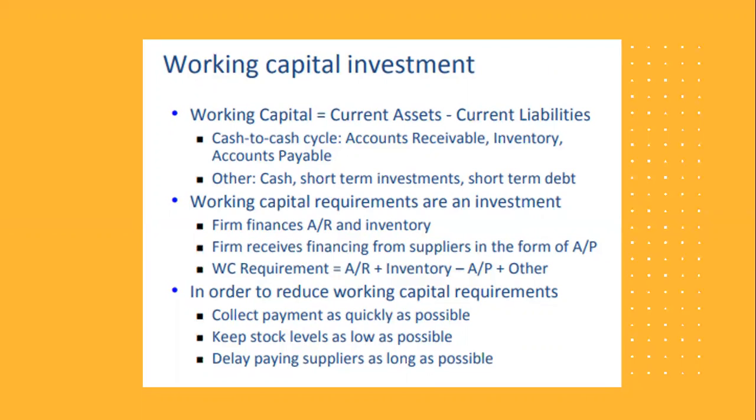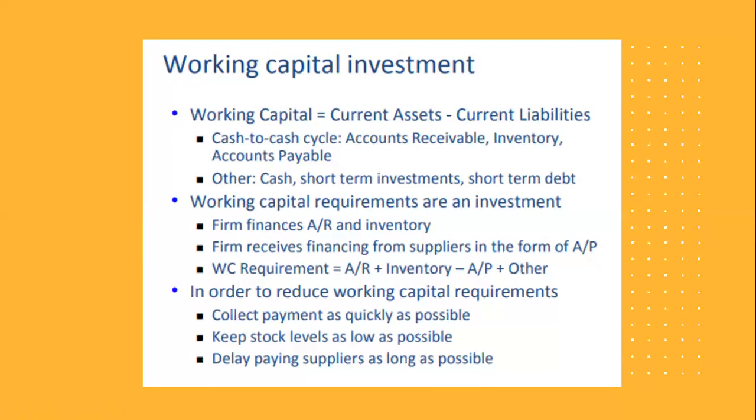Companies usually calculate their working capital requirement using a formula, which is accounts receivable plus inventory minus accounts payable. If you look at this formula, the lower the value, the better it is for a company.